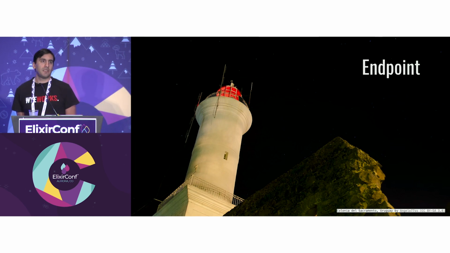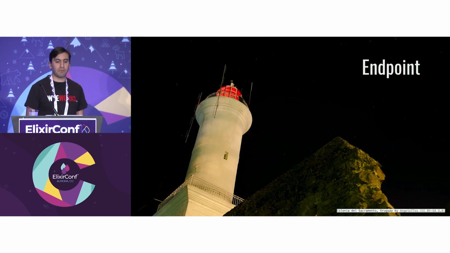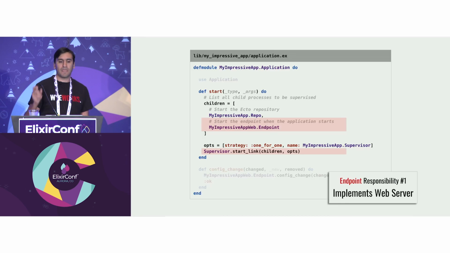This module has three main responsibilities. That's what it says in the online documentation, and I'm just repeating that. But let's speak about those responsibilities. The first one: it starts and supervises all the processes that are needed to handle requests in our applications.